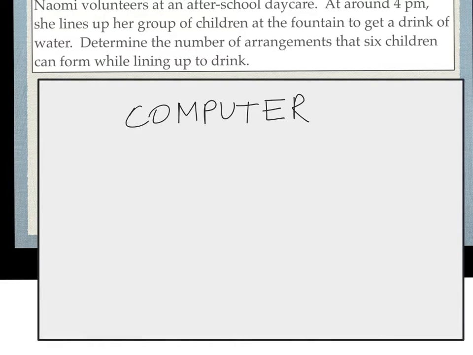So a really common, easy type of question with permutations is, how many different ways can you rearrange the letters in the word computer? The way you solve that, for now, is to think about how many letters there are. There's 8 letters, so I make a space for each of the 8. I think it out really nice and slow.